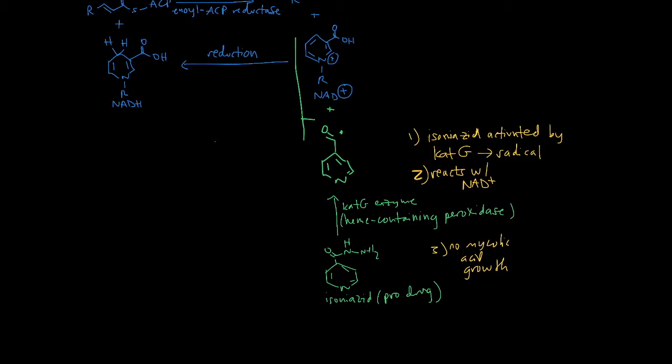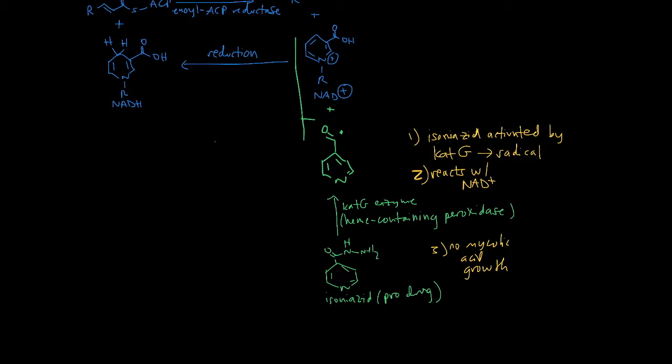But first, in order to react with NAD+, isoniazid is a prodrug that is changed to the radical form. You can see a radical right here, which means an electron right here, by the KatG enzyme, which is a heme-containing peroxidase. So KatG is an enzyme, specifically a peroxidase, that forms radicals by a heme portion, or an iron-containing portion.